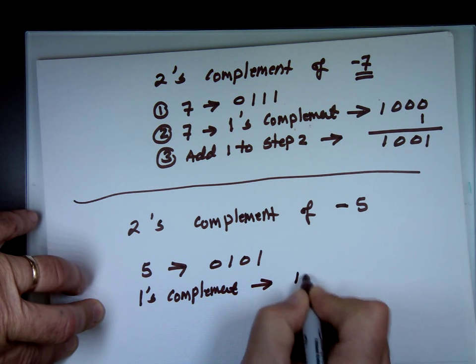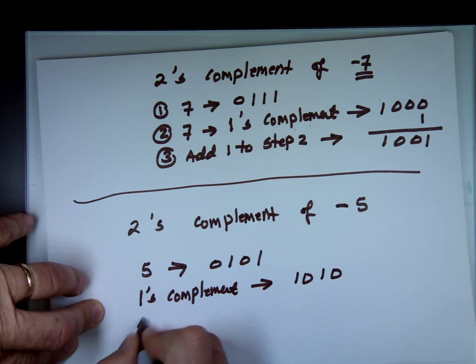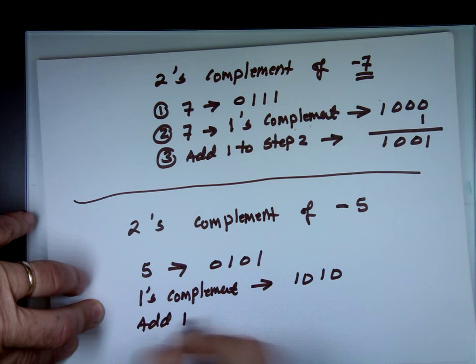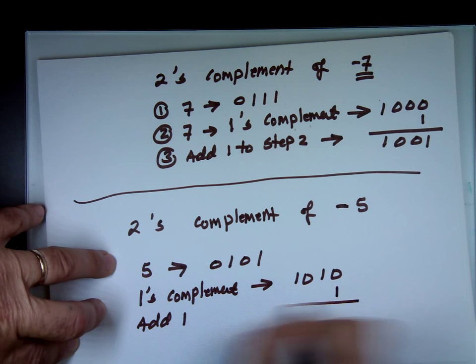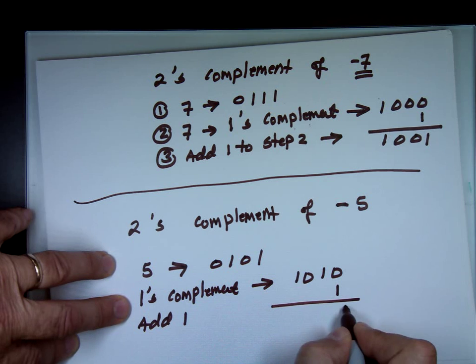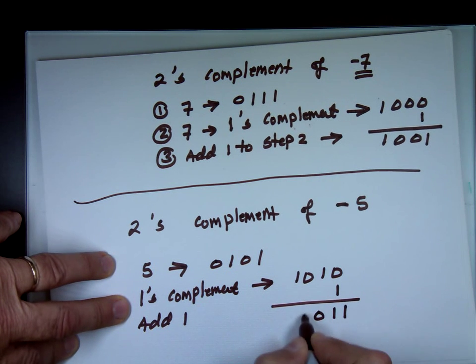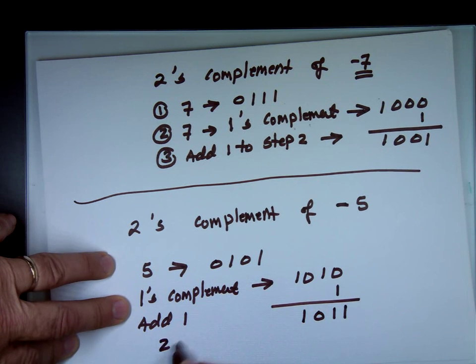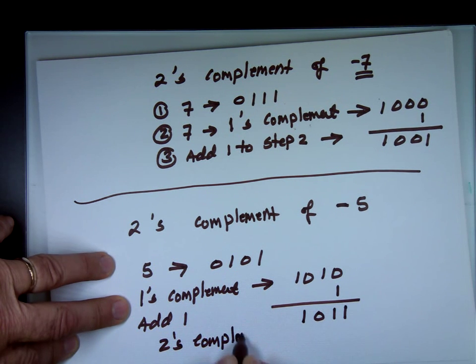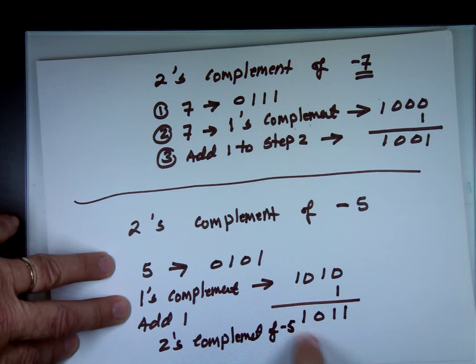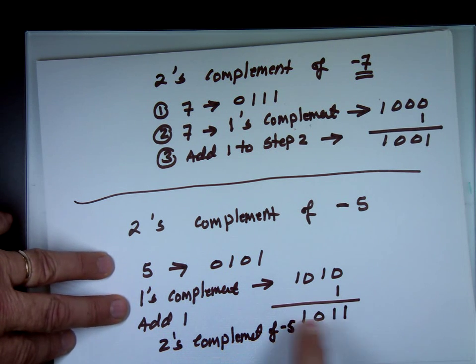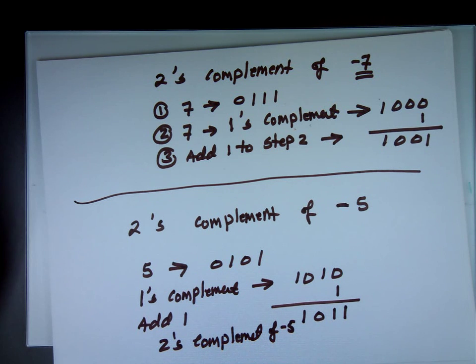Add 1. What do we have? 1, 1, 0, 1. That's the 2's complement of negative 5. That's how the negative 5 will be stored in your 4-bit computer, using the 2's complement.